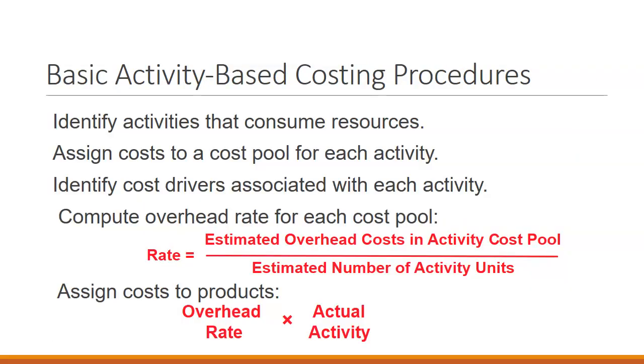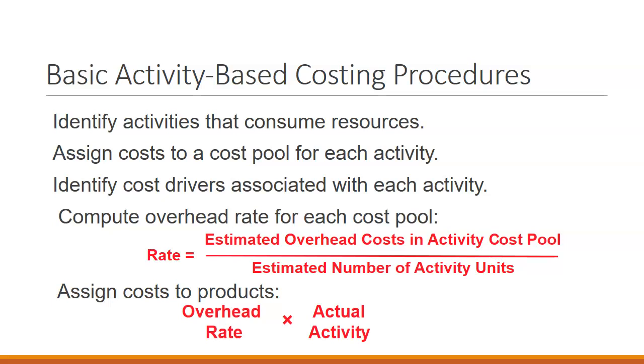So we have the same basic calculation: we have our total estimated overhead costs for that activity cost pool. So when I said, think about if our total costs were $100,000 for overhead, and then we decided that $15,000 goes to purchasing and $10,000 goes to inspection and $20,000 should go to direct labor.